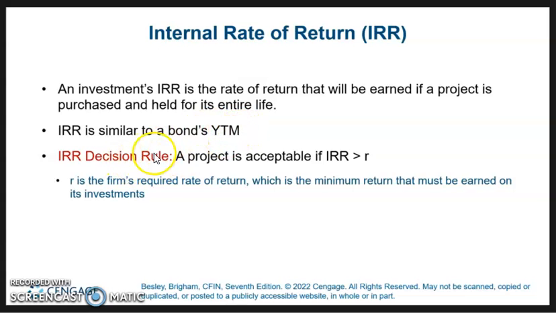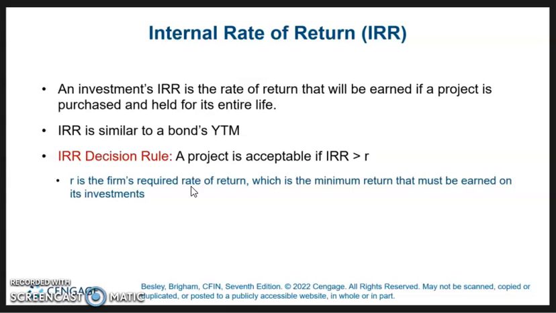The IRR decision rule is a project is acceptable if the IRR is greater than the required rate of return. So R being the firm's required rate of return, which is the minimum return that must be earned on its investments.